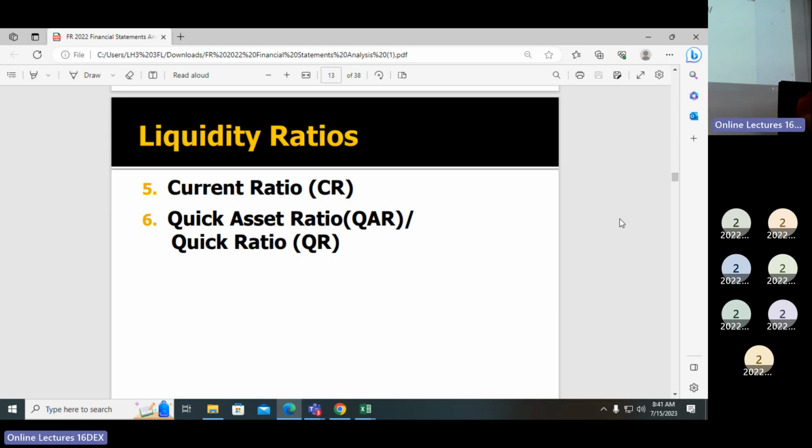How well the business can settle its short-term liabilities, that is what is measured by liquidity ratio. There are two liquidity ratios, current ratio and quick asset ratio. This is also called quick ratio, or acid test ratio. Different names.